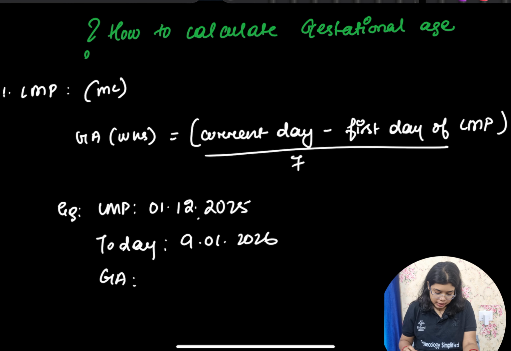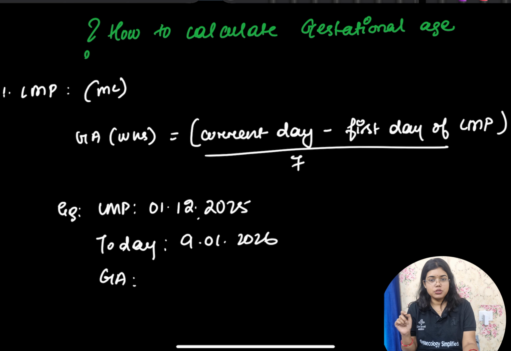Okay, then how to calculate the gestational age? See, both in previous as well as primary gravida, the gestational age is important. The most commonly used method is the LMP, or the last menstrual period. The first date of the last menstrual period is taken as the LMP.